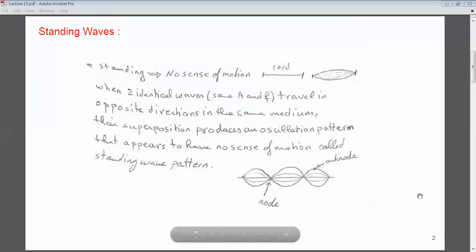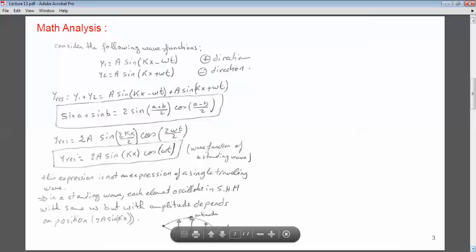For the mathematical analysis, we have two waves. One of them is y1 equal a sine kx minus omega t. This is going in the positive direction, if you remember. And y2 is a sine kx plus omega t, which is going in the negative direction.